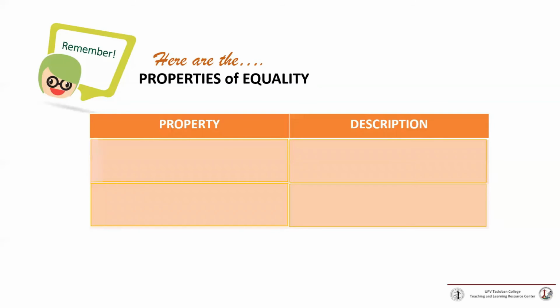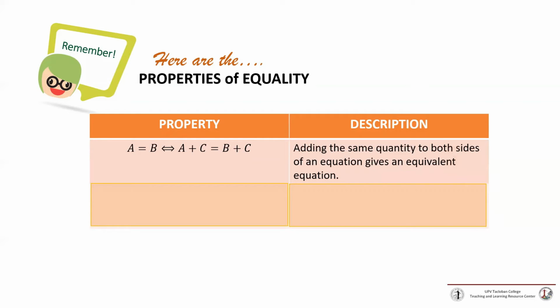The first property: A is equal to B if and only if A plus C is equal to B plus C. In other words, if A is equal to B, then if we add the same quantity to both sides, the equation remains true. So adding the same quantity to both sides of an equation gives an equivalent equation.